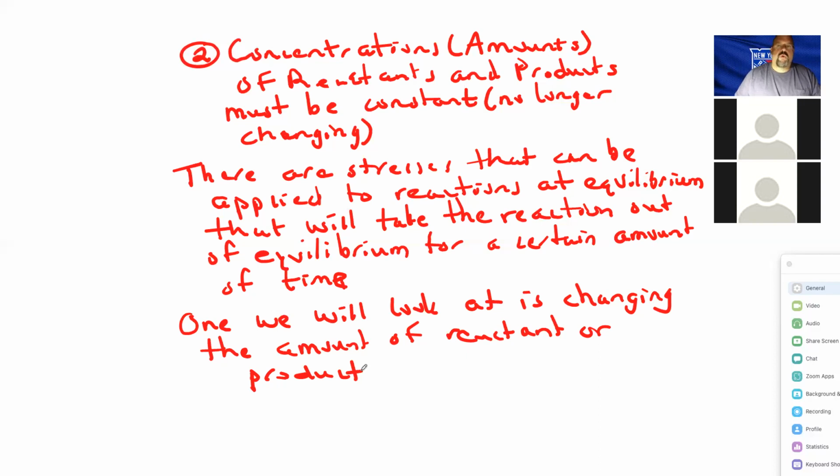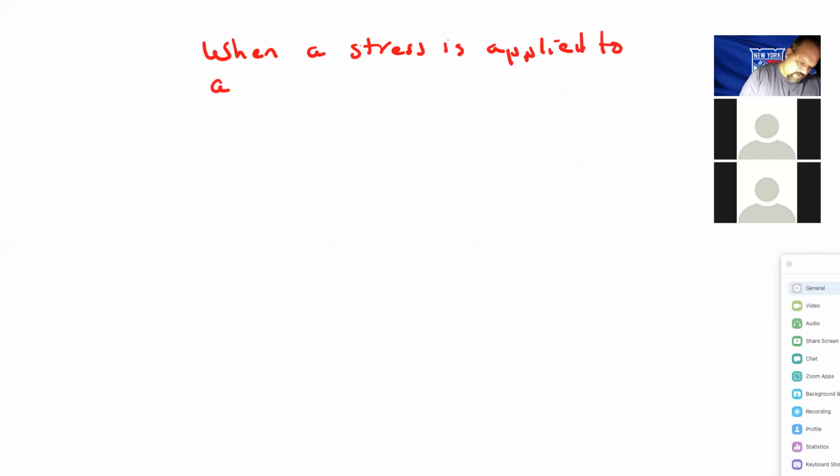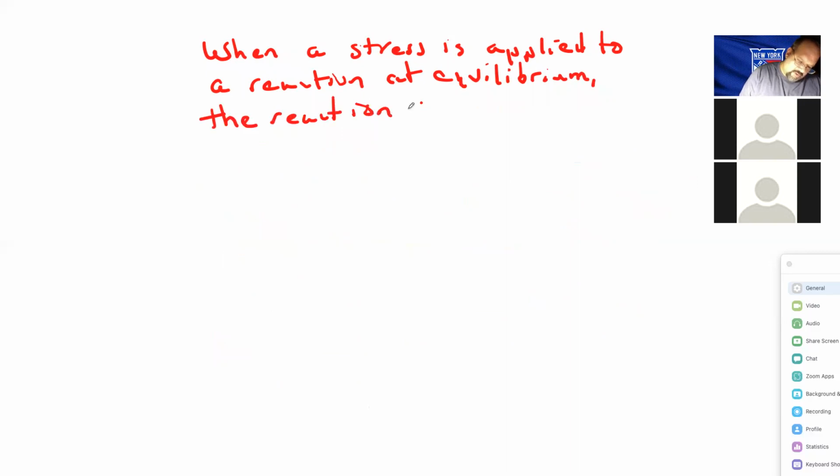Now, what happens when a stress is applied? Well, when a stress is applied to a reaction at equilibrium, the reaction shifts towards one direction.